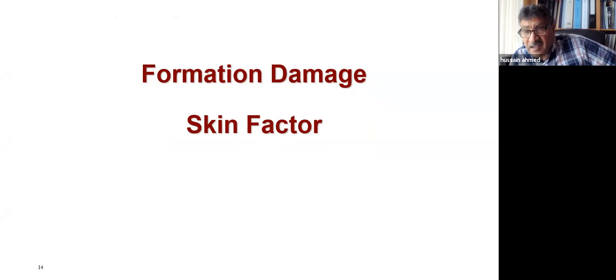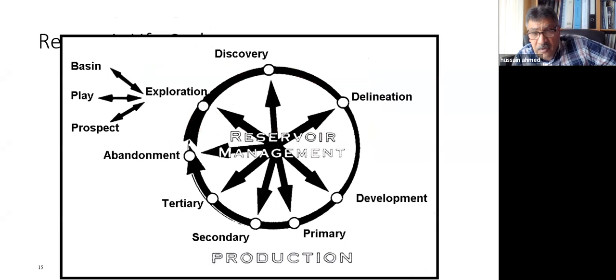On the skin factor, again, it is an important factor that could affect optimization and productivity of the wellbore. We look into almost the whole life cycle of production in the reservoir, starting from the point of discovery, development, whatever we do in the EOR process, primary, secondary, tertiary, until the abandonment.